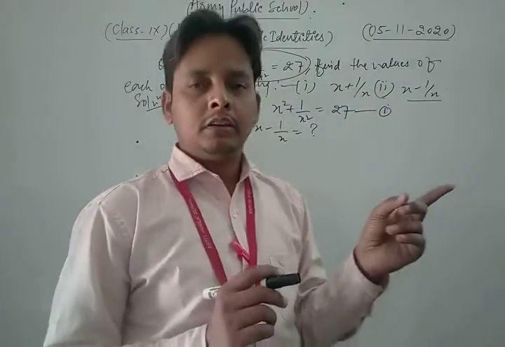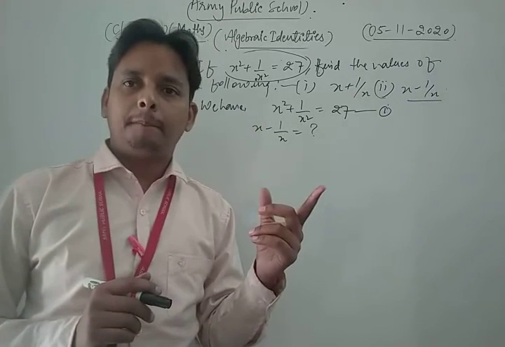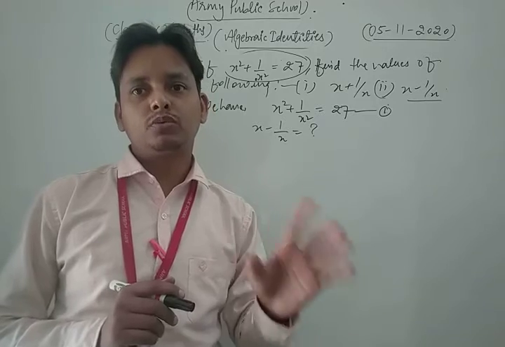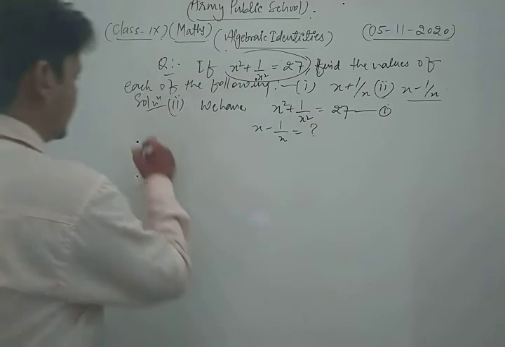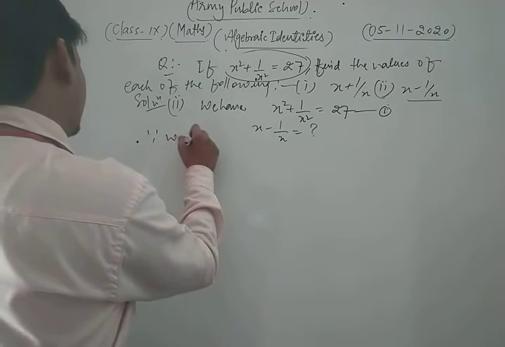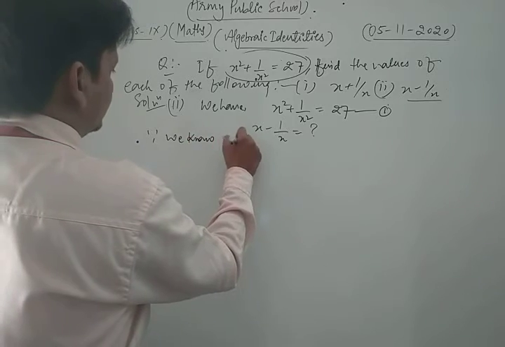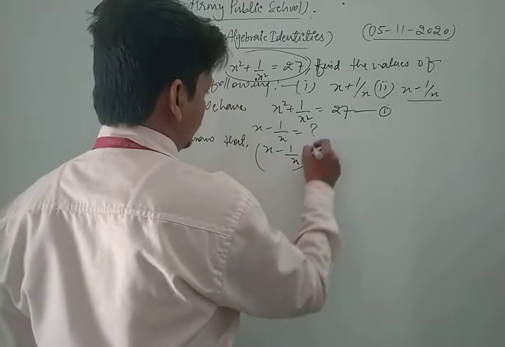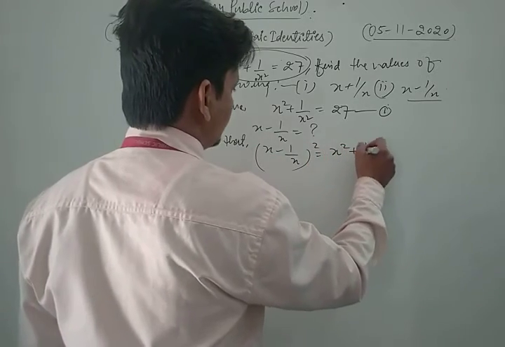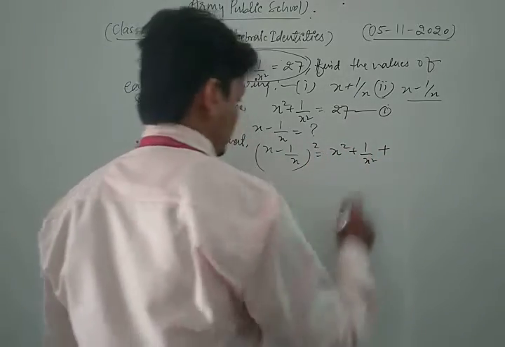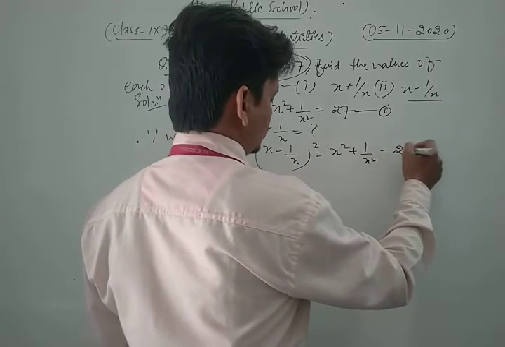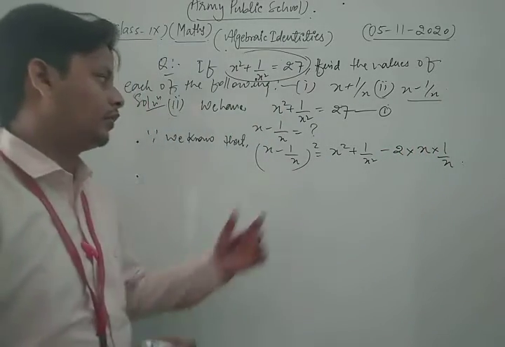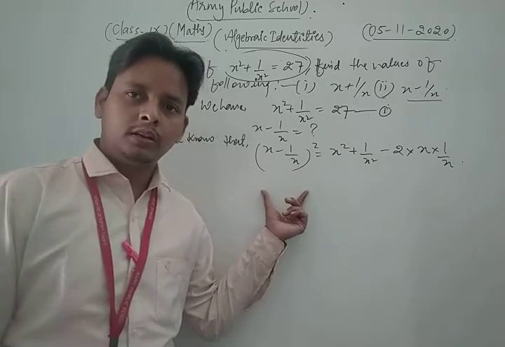So for that we apply the formula for x minus 1 upon x whole square, which is a square plus b square minus 2ab. This is the formula for x minus 1 upon x whole square.